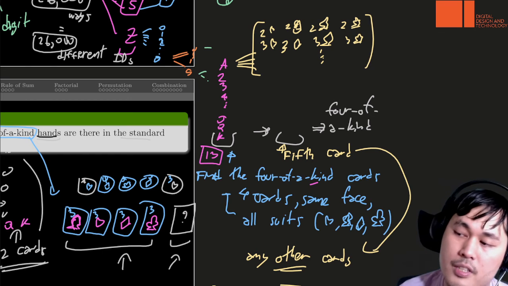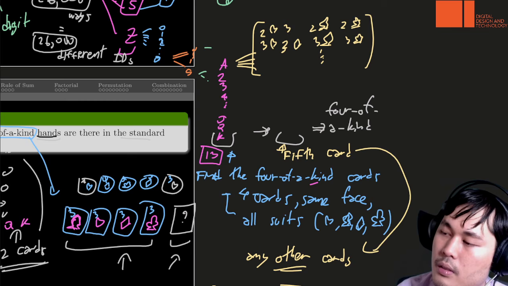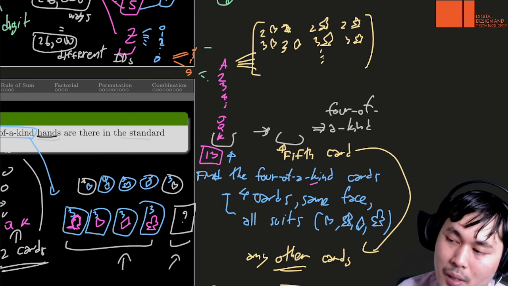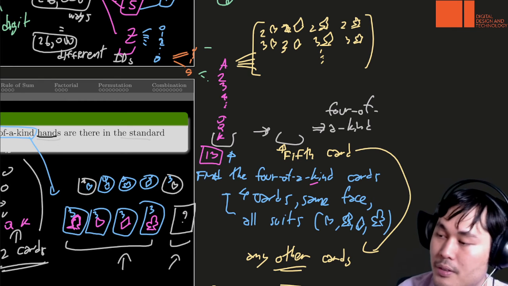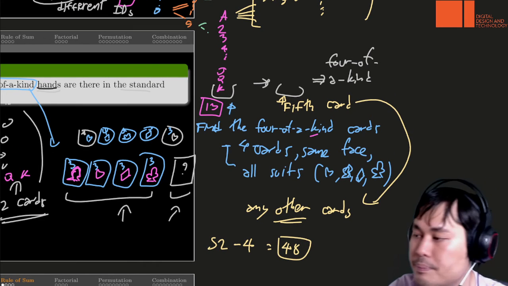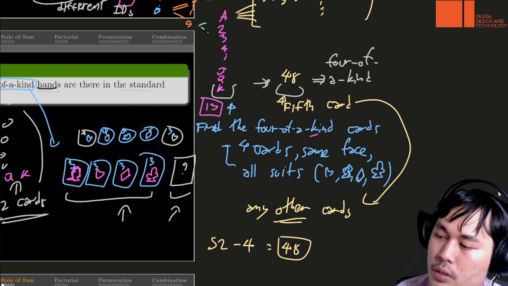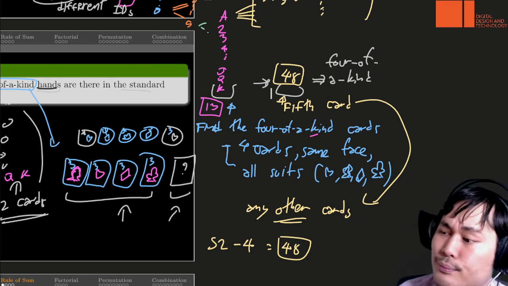There's no restriction on what the 5th card could be, as long as it's not one of the 4 cards. Okay, so out of 48 remaining cards, you can pick any card. And that means there are 48 ways you can pick the final card.